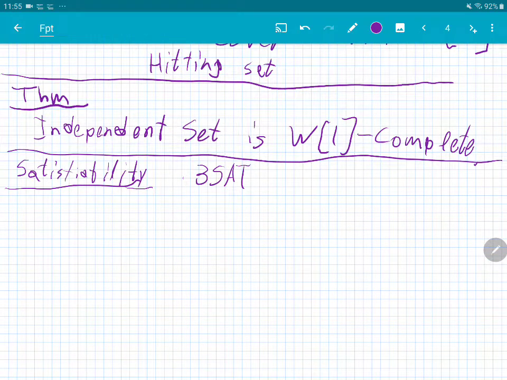And this 3-SAT is again this big AND gate of all those OR gates.